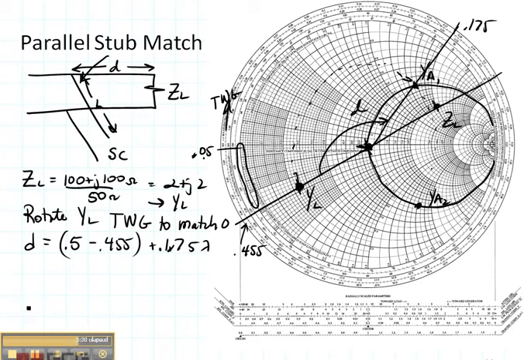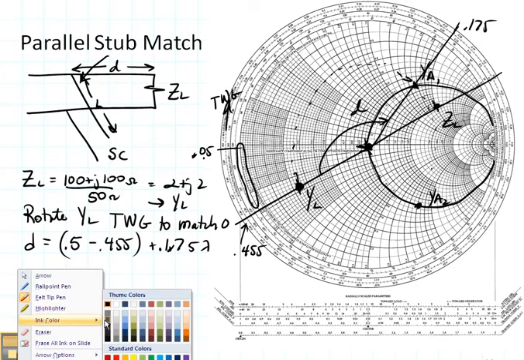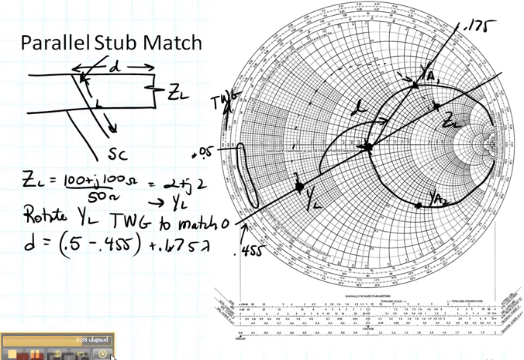Now my real part is matched, and I need to find out what kind of imaginary value I'm going to match. What I'm going to do right now is change to a different color of pen because I'm going to be doing this stub, and it's sort of like a different transmission line. So let's read off the imaginary part of YA. It's about 1.6.